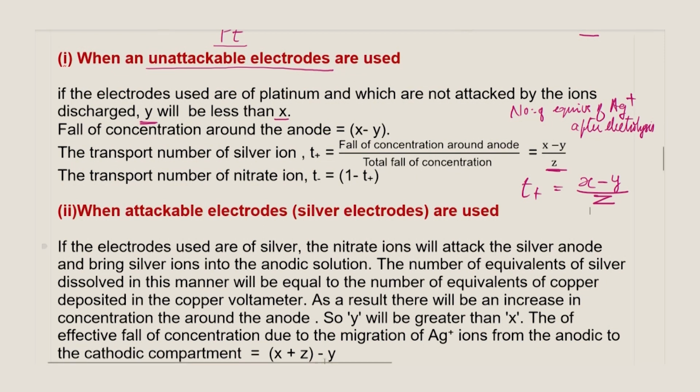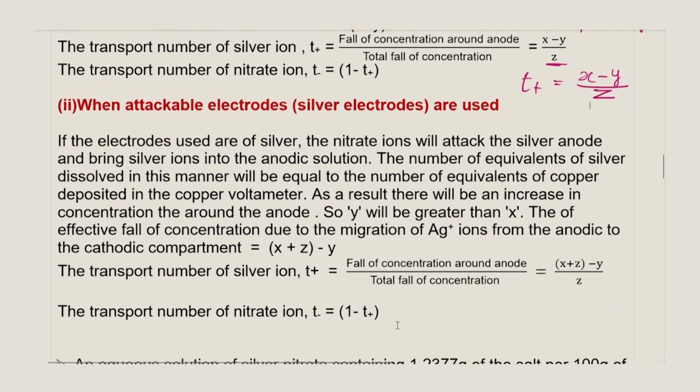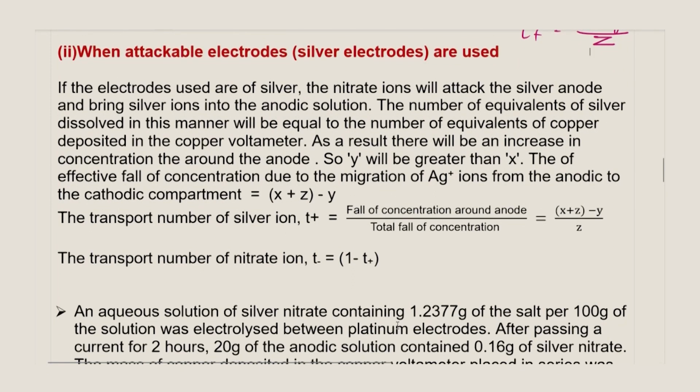Now, if we are using attackable electrodes, that is the case when I am electrolyzing silver electrolyte, AgNO3, using silver electrodes, the nitrate ions will attack the silver electrode and bring silver into solution.